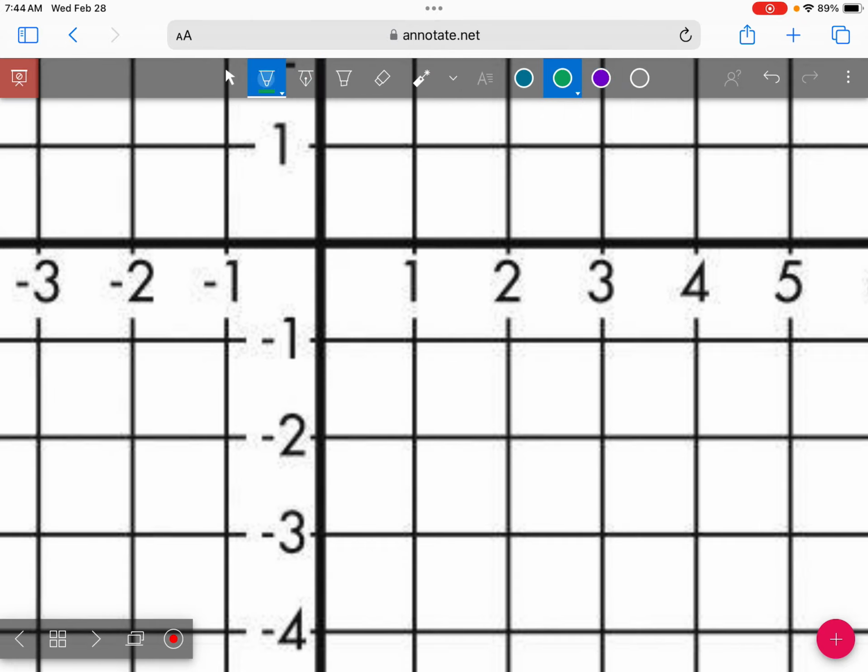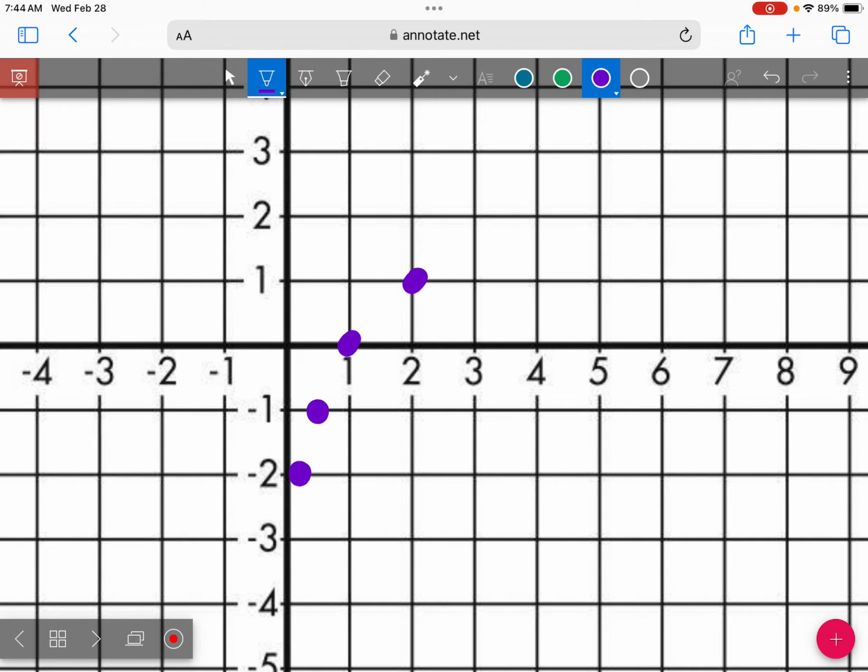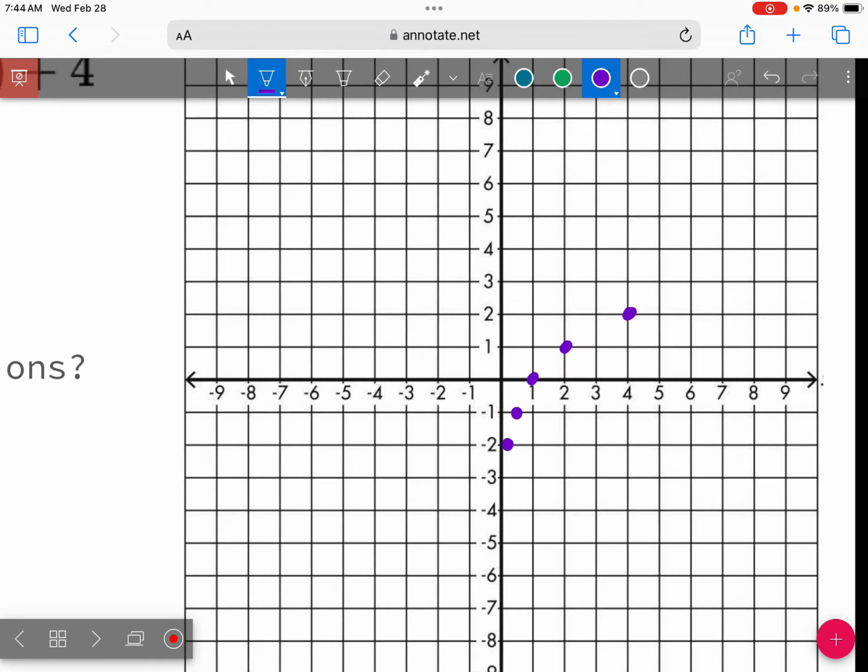And when we graph that, we should have a graph that looks like this. So that's our 2 to the x. That's exactly what we did as the bell work today, too.